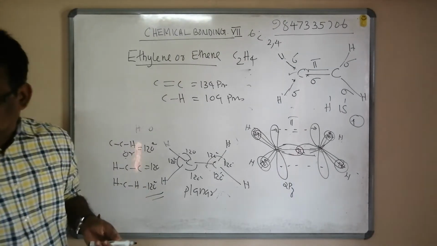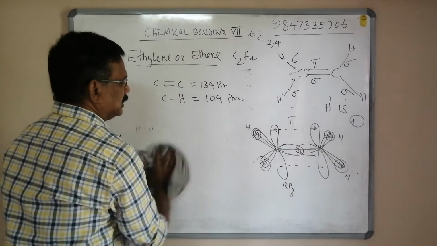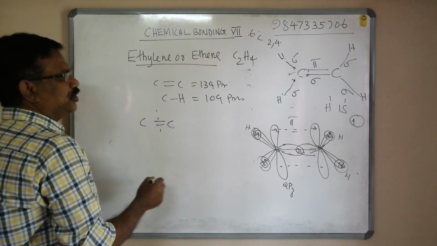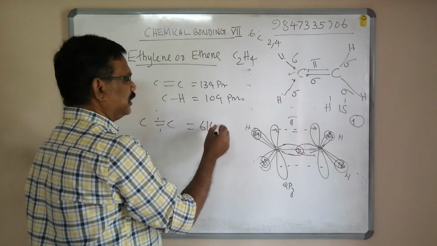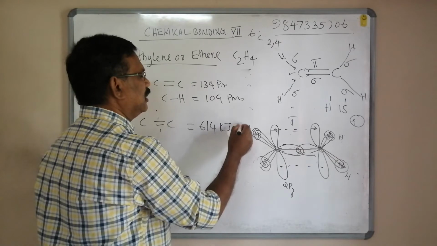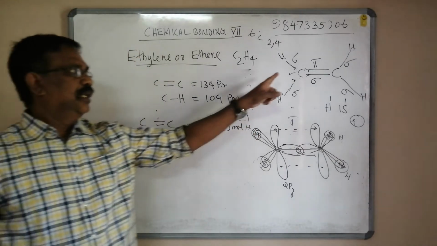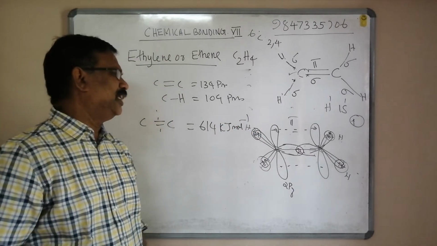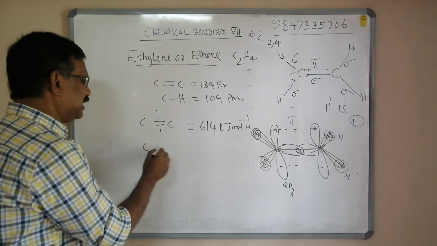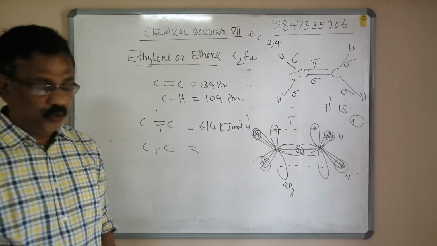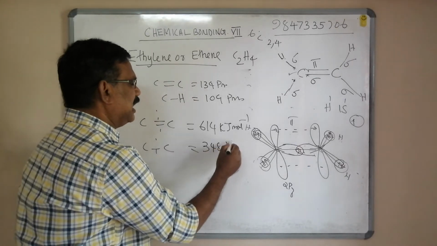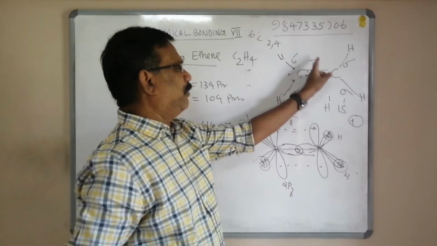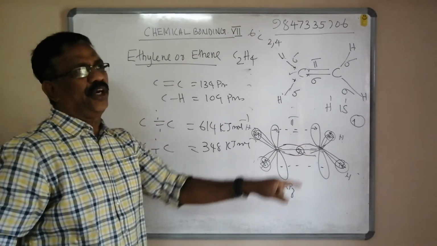And the C=C bond dissociation energy. This bond dissociation energy is 614 kJ mol^-1. The C=C bond dissociation energy is 614 kJ mol^-1. In the C-C single bond, the dissociation energy is equal to 348 kJ mol^-1. So the total bond energy in C=C is 614 kJ mol^-1.